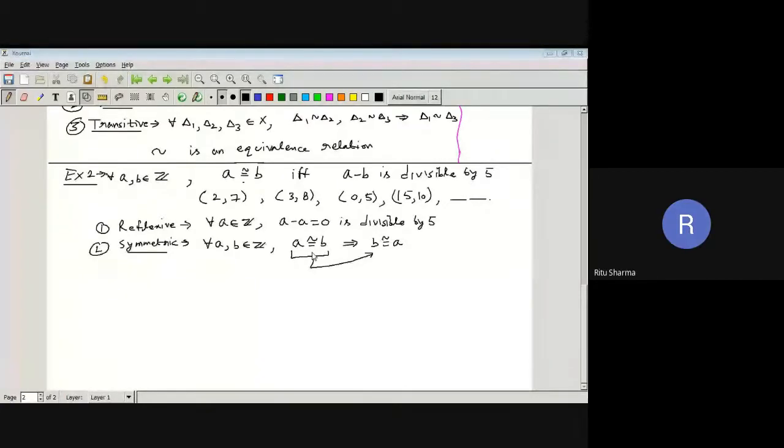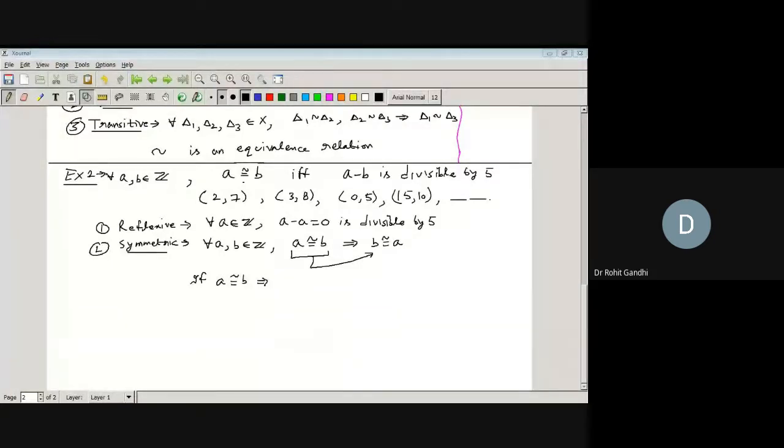So A, B belongs to integers, that A is related with B. Yeah, A and B belongs to integer and A is related to B. तो क्या होगा अगर A B के साथ related में है? If A is in relation with B, then what it implies?